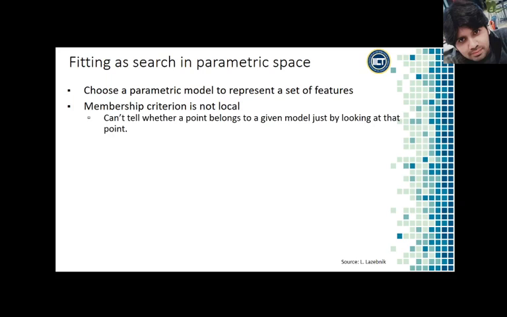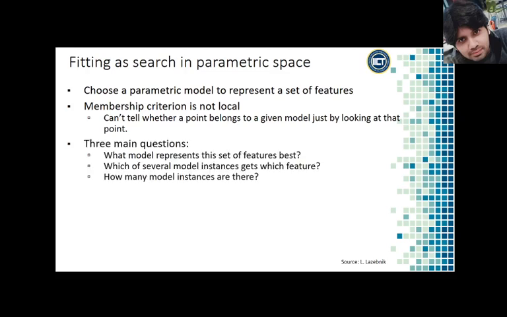Three main questions arise here: what model represents this set of features best, which features belong to the model, going through several model instances, and how many model instances are there.